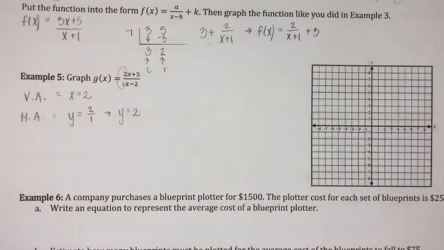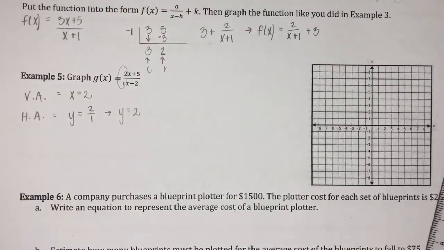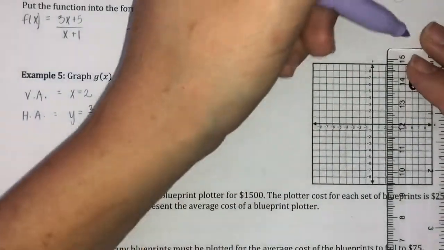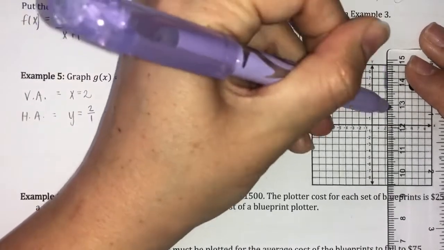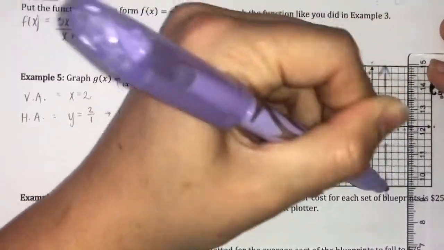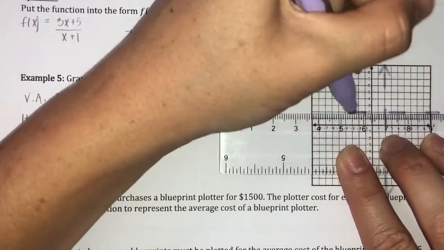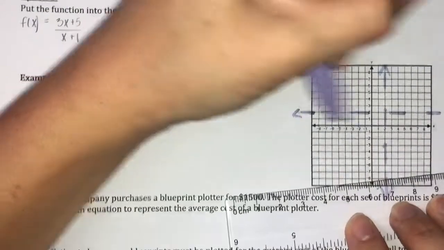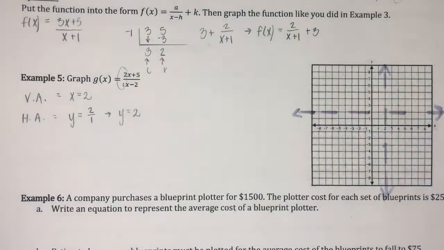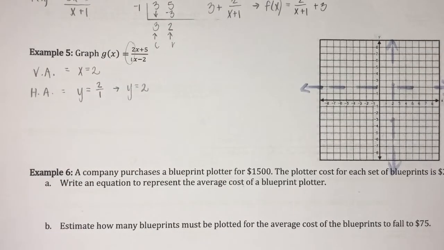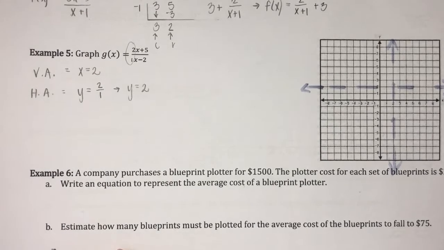So we can draw those. So x equals 2 and y equals 2. So x equals 2 is our vertical. And then from there we can create a table, or you can just plug in points on either side of the asymptote if you prefer not to use a table, but I think using a table is the easiest way.